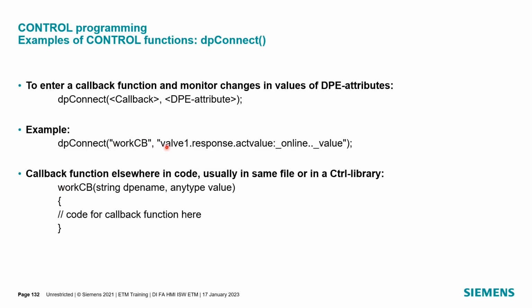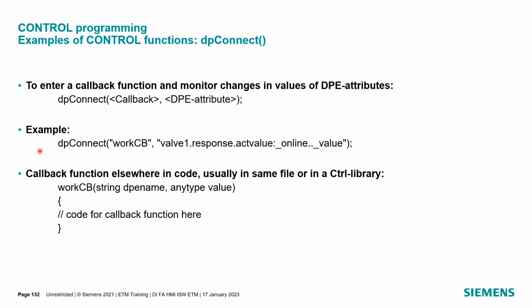Then you have here the data point element address string. So in our case, it's not valve1, it will be d1.response.actValue. Then we have colon and the online dot value. Later we will also talk about why there is a dot and why there is a colon and so on.